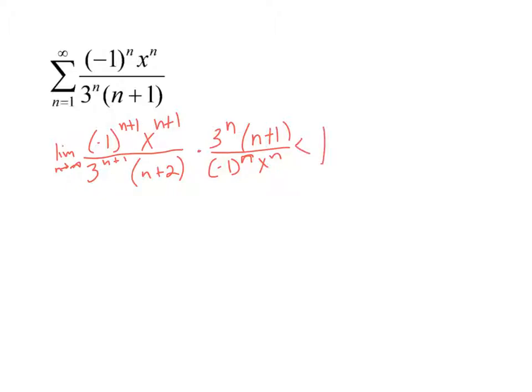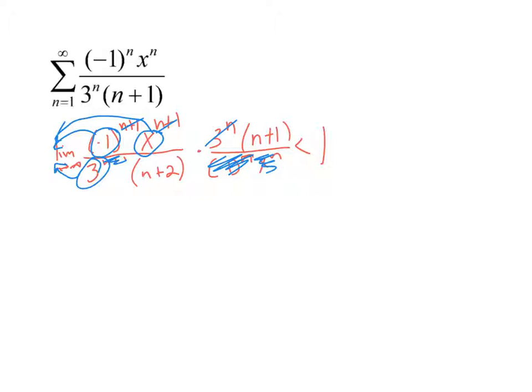All right, let's do some simplifying here. We're going to have a leftover x on the top, a leftover 3 on the bottom, and a leftover -1 on the top. Everything that is a constant, the -1 and 3, I'm going to bring out front, and the x too, because I'm treating that as a constant since the limit is only as n goes to infinity.